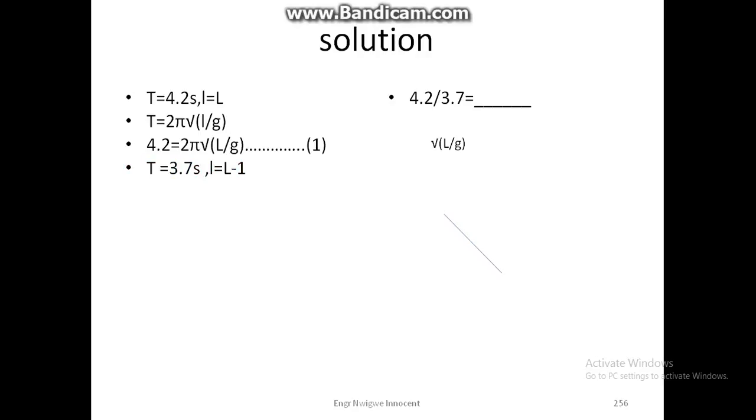The period after the length is shortened by 1 is 3.7 seconds. The length is shortened by 1, therefore the length will be L minus 1.